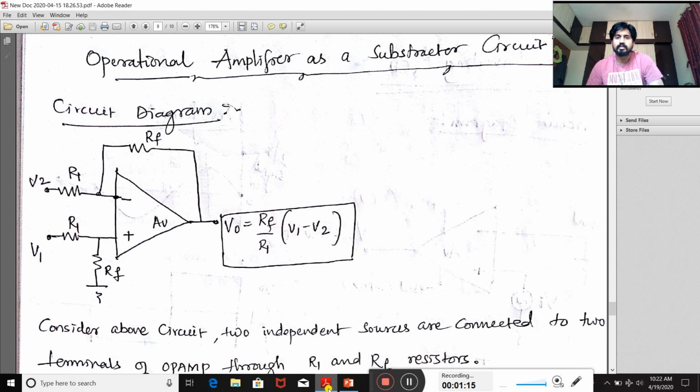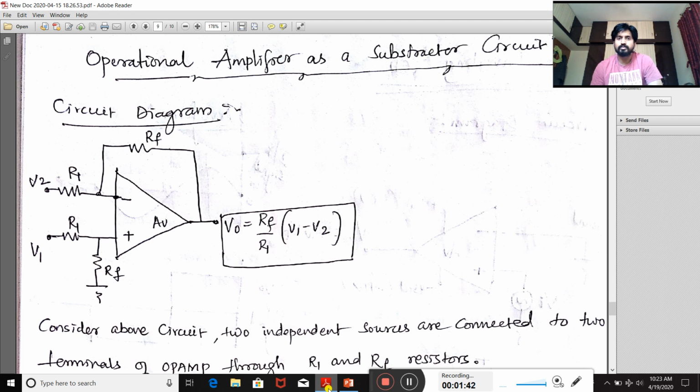Here in this concept, what we are studying exactly? Operational amplifier as a subtractor circuit. It is also called difference amplifier. What is a subtractor? A subtractor is a circuit which tells the difference between two values.